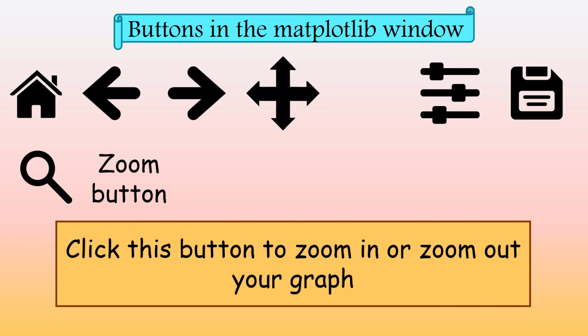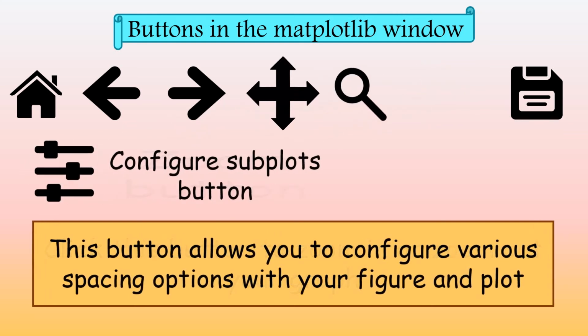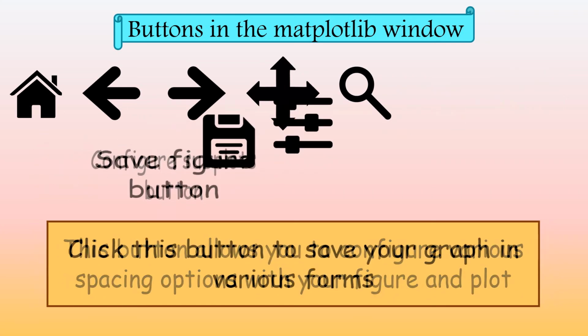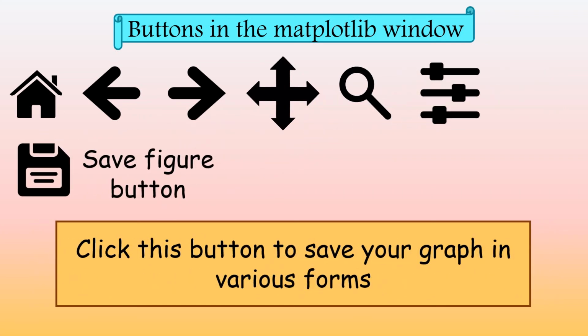Click this button to zoom in or zoom out your graph. Configure subplots button. This button allows you to configure various spacing options with your figure and plot. Save figure button. Click this button to save your graph in various forms.